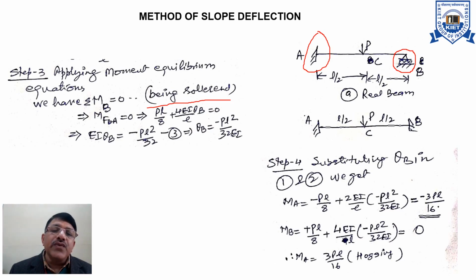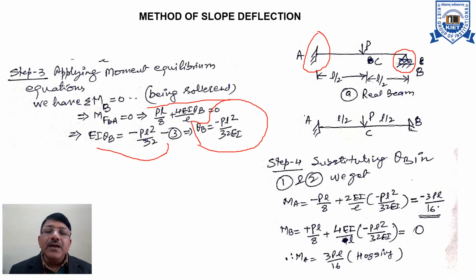So what equation are we having for the moment at B equal to 0? Equated equal to 0. From here we obtain a value of EI theta B equal to something, or rather I should say theta B is having some value as mentioned here. That means the unknown joint displacement theta B is now known to me in terms of the applied load P, span of the beam L, and flexural rigidity EI of the beam.